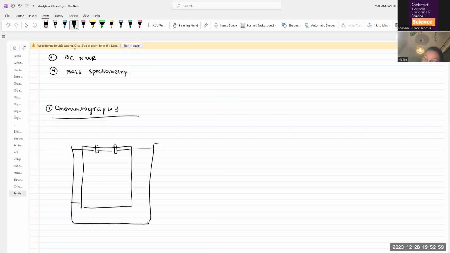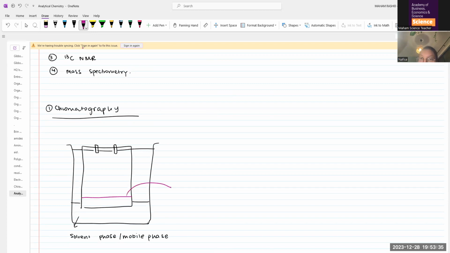This is your solvent. This is also called mobile phase. Why? Because this is the part of your setup that moves, right? Now, when you put your paper in your solvent, it starts to absorb the solvent, right? So wherever it stops absorbing it, you make a thin line with a pencil.